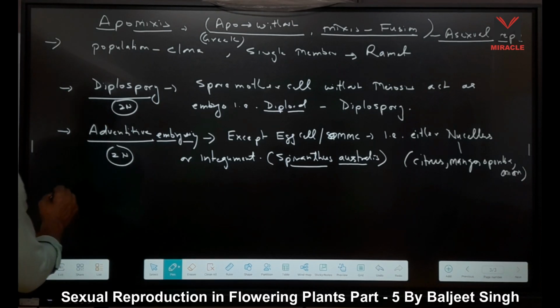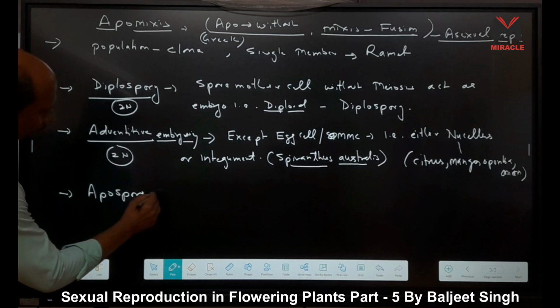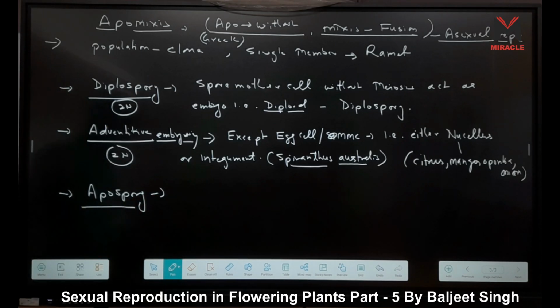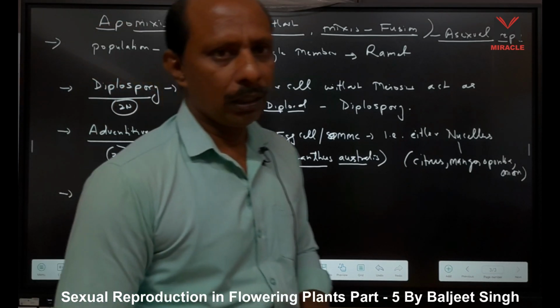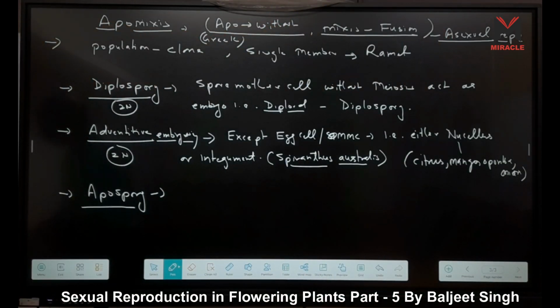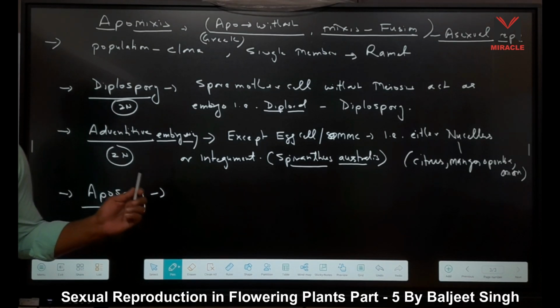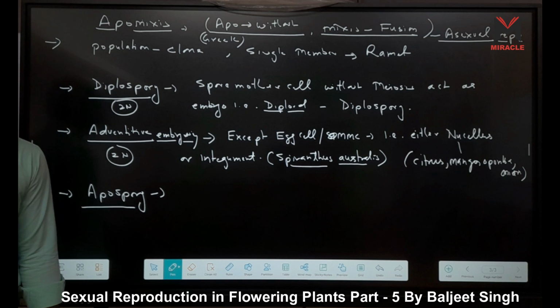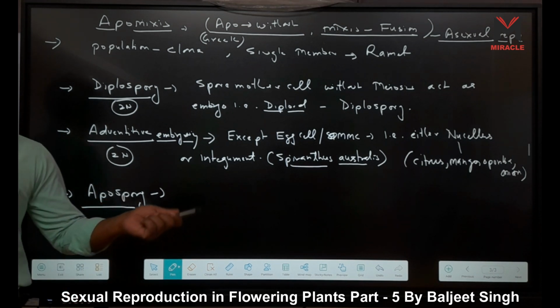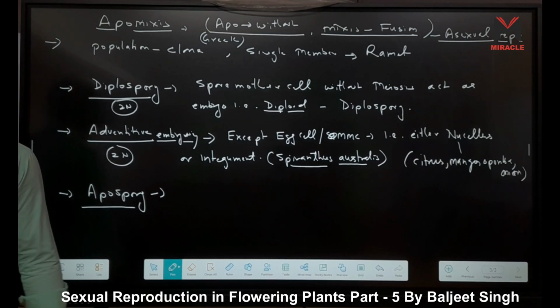And the third one is apospory. What do you mean by the term apospory? Apo means without and spory means sporophyte. Here a gametophyte is developed without the reduction division of the sporophyte. Now this gametophyte is also diploid.